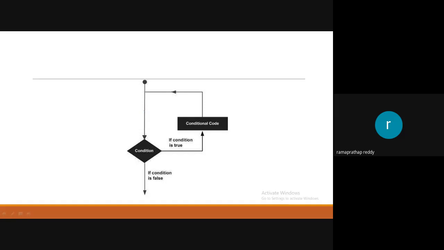So how are these loops executed? How do these loops work in Python programming? As usual, first we check the condition. If this condition is true, then I would like to execute a group of statements.